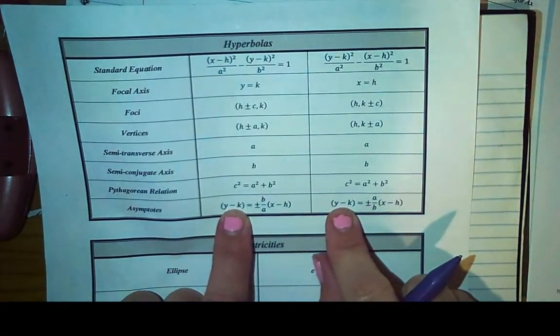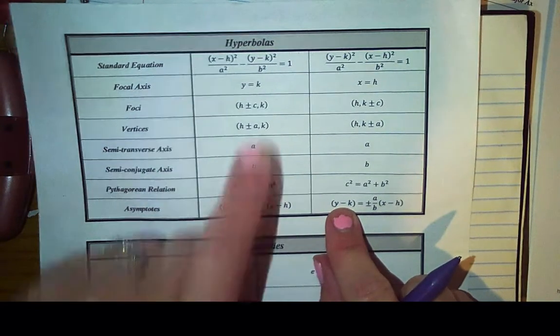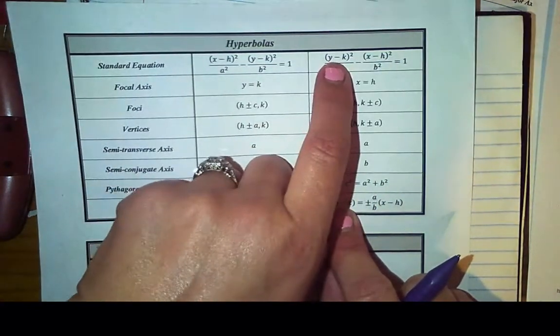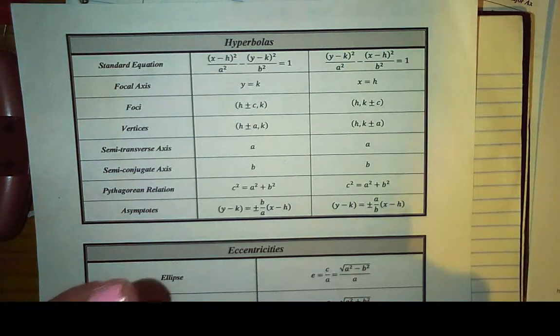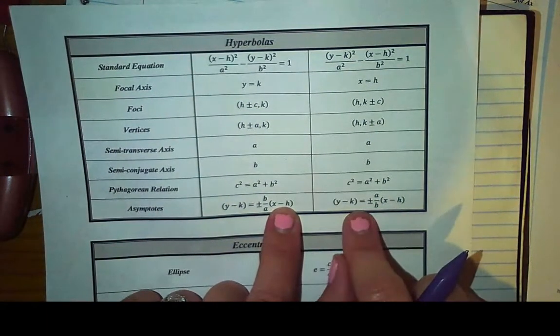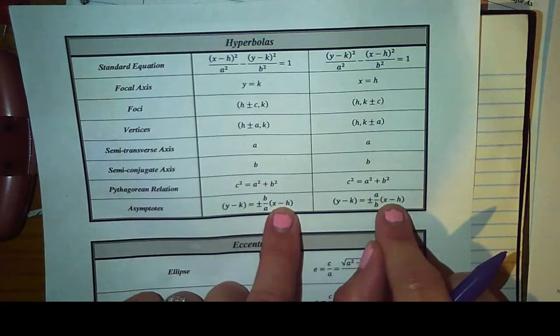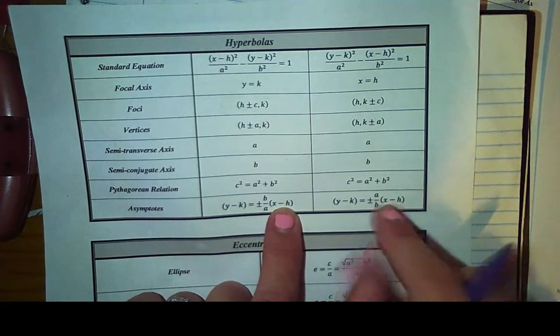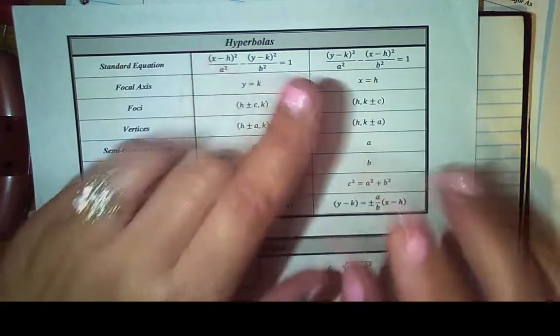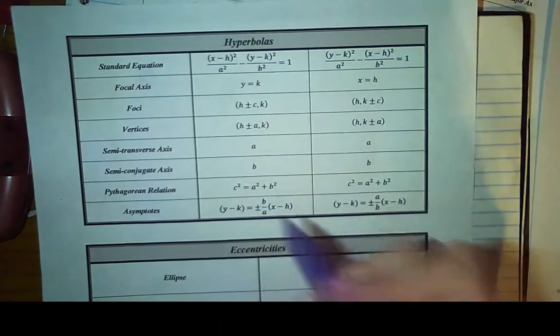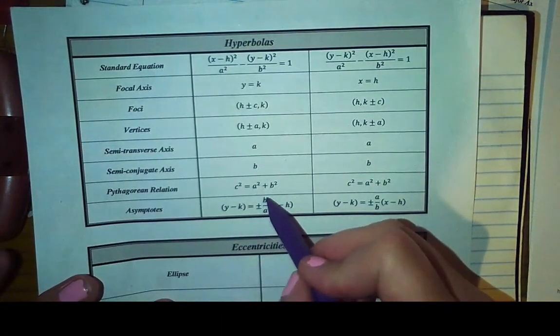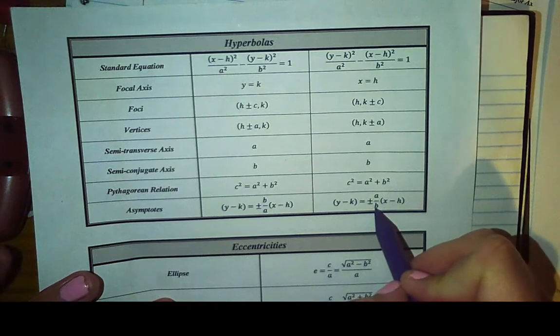On each one, you're going to take the y minus k portion. I don't care if it's negative or if it's positive. Just take that chunk, unsquare it. Then you're going to set it equal to something times the x minus h portion that's not squared. I don't care if it's positive or negative, just leave it alone. But now notice you're either going to have a b over an a or an a over a b.